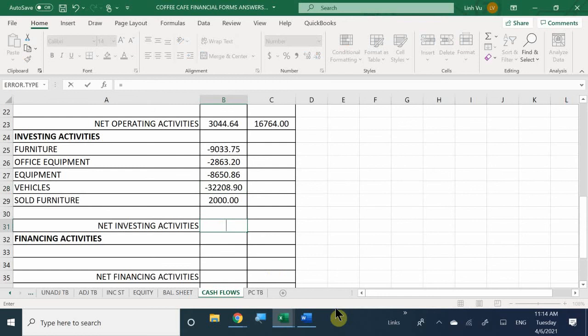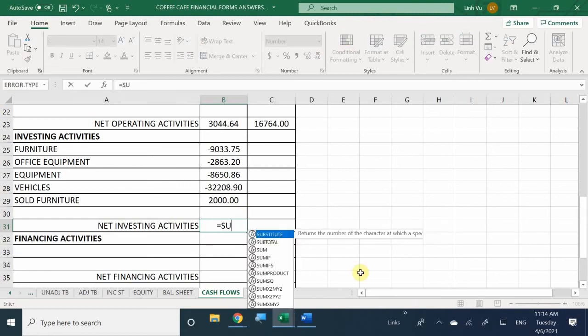Last but not least, let's go ahead and equal sum this real quick to get our total net investing activities. Okay, so we got equal sum here. Let's make sure I'm in the right box.